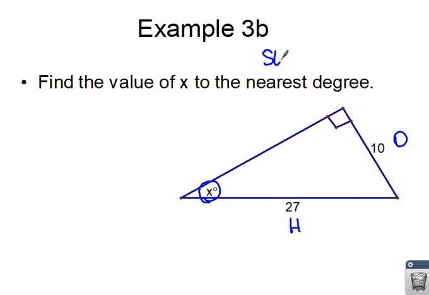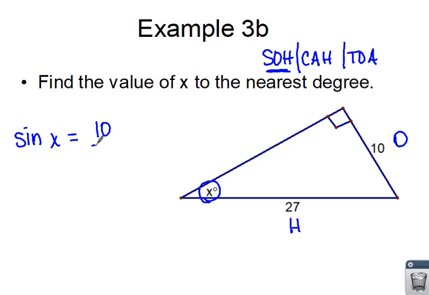So in SOHCAHTOA, that has to be sine because it's opposite and hypotenuse again. So we do sine x equals opposite over hypotenuse. Put it in your calculator, second sine, 10 divided by 27. That would be 22 degrees.